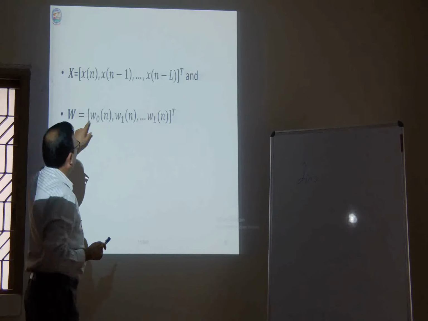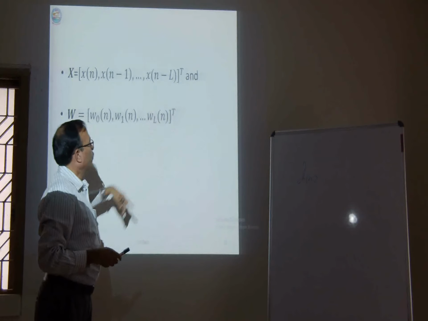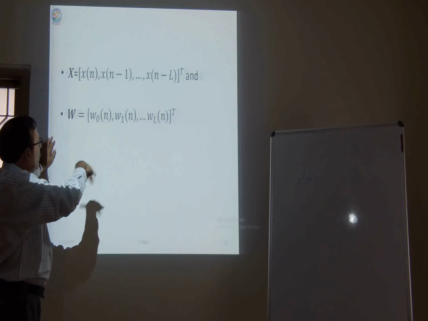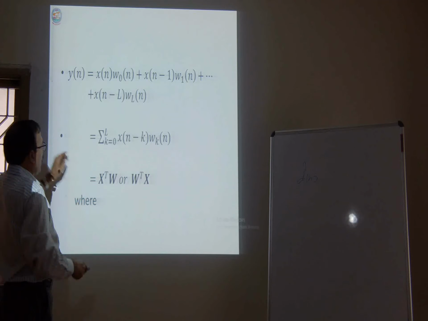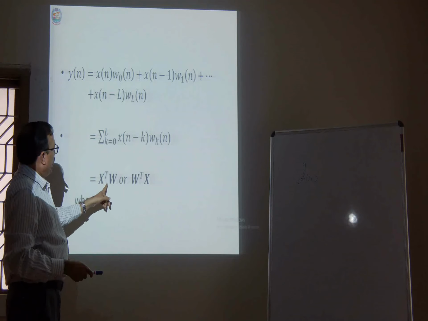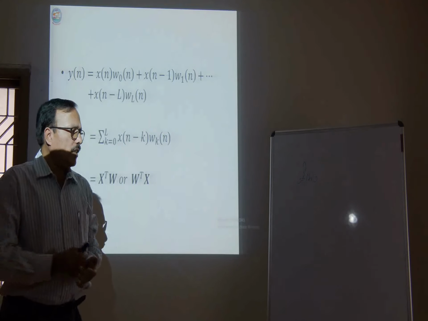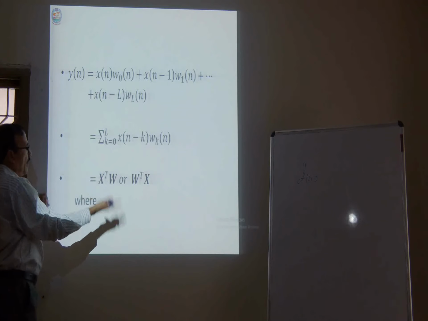And w similarly, w0n, w1n, wln transpose. So either yn can be this one or this one. So anyone we can use, we can interchange this, there is no problem. Both give the same result, that is yn.